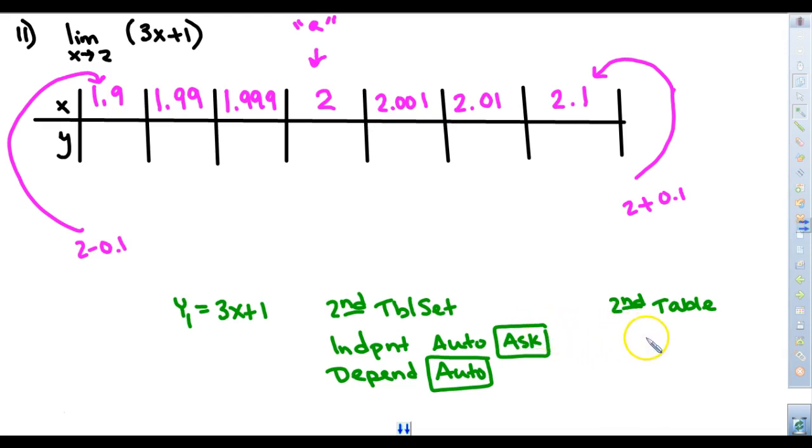Okay, and then underneath where it has X, just put these values. You might run out of space. I don't know. Let me do mine. You'll put 1.9, 1.99, 1.999, 2, now I think you might have room to put them all.